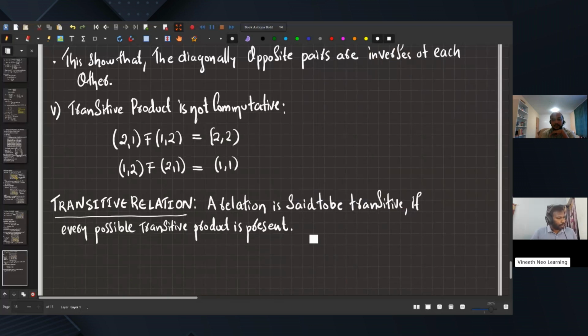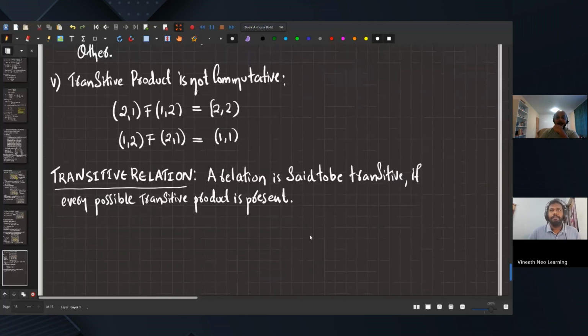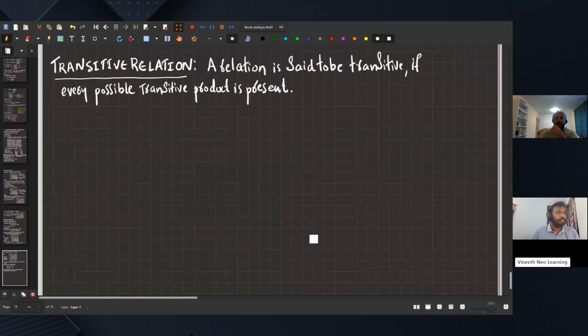Let's look at a few examples. Let's look at the set example. Consider the set A = {1, 2, 3, 4}.